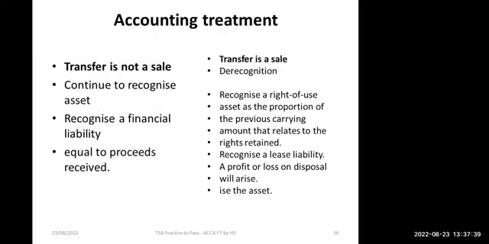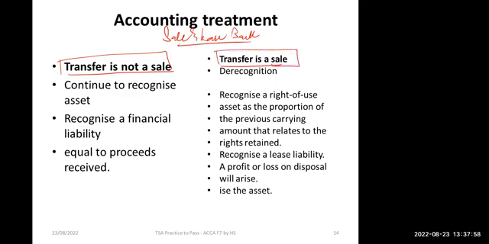Now, talking about the accounting treatment for sale and leaseback. In sale and leaseback, there are two types of accounting treatment: if the transfer is a sale and if the transfer is not a sale.